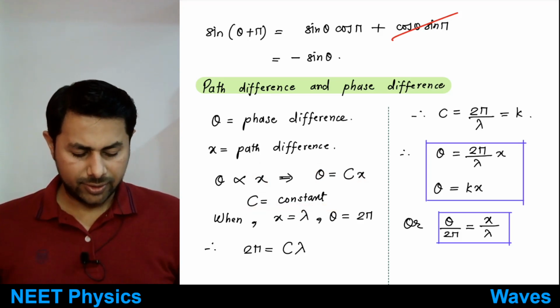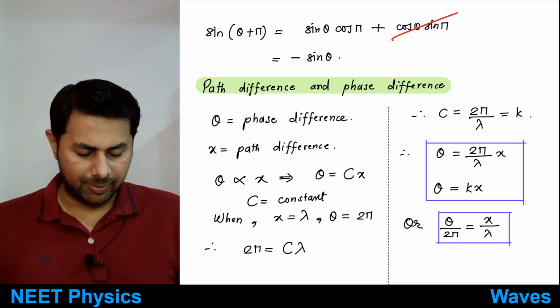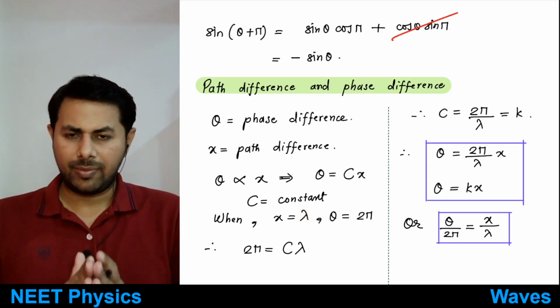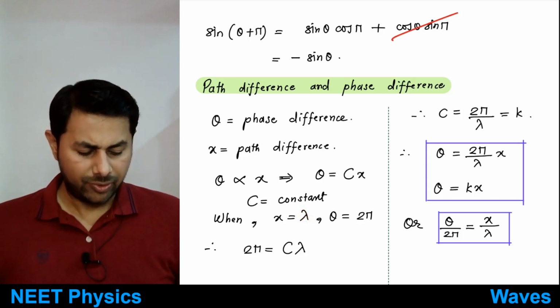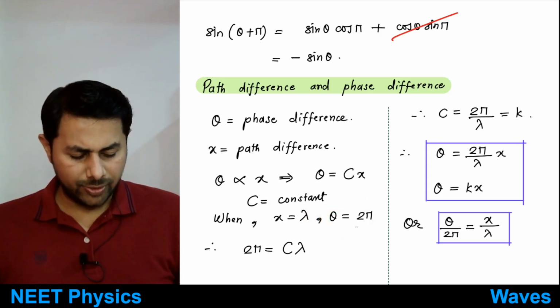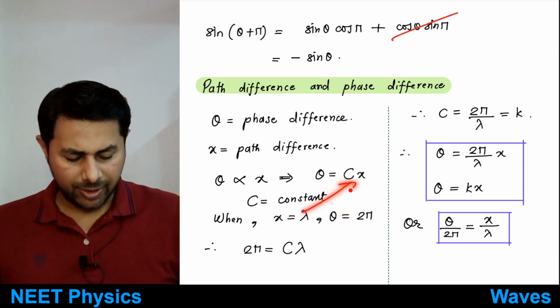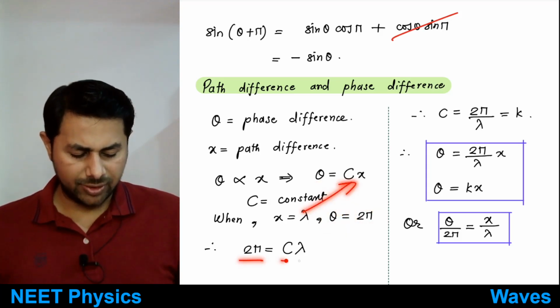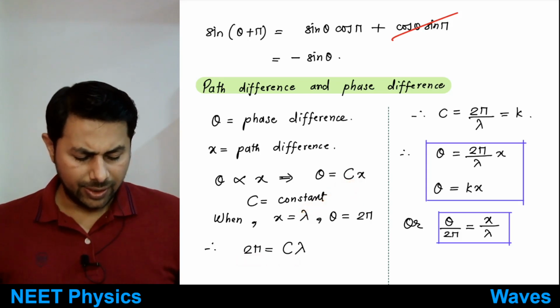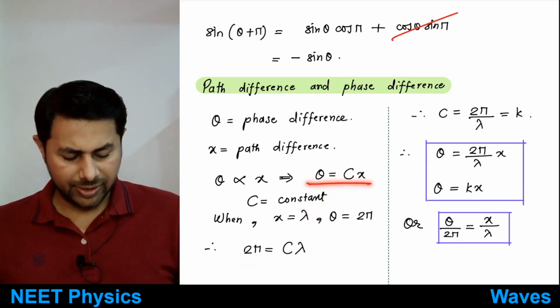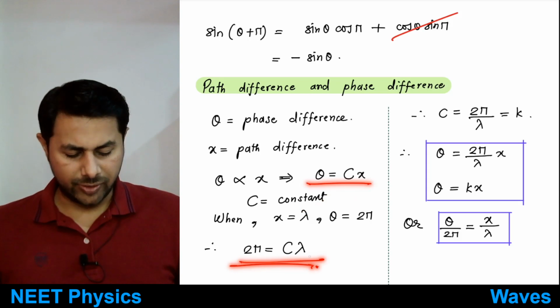Suppose when path difference is equal to lambda, then we know the phase difference would be equal to what? 2 pi. So put theta equals 2 pi here and x equal to lambda, then you get 2 pi is equal to c times lambda. And then if you divide this equation by this equation, what do you get?